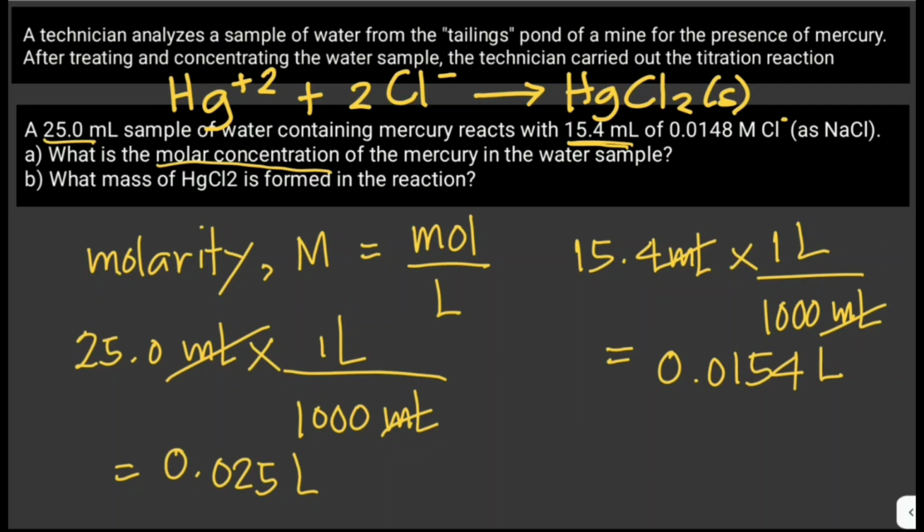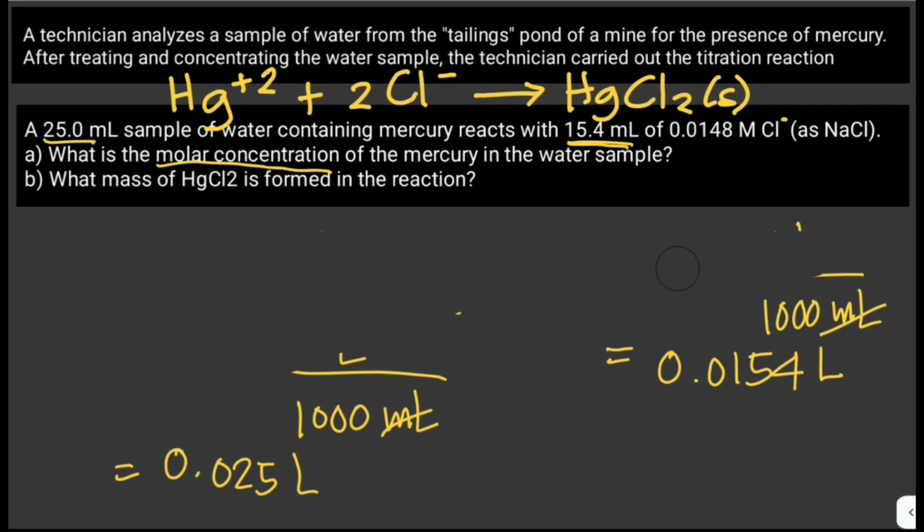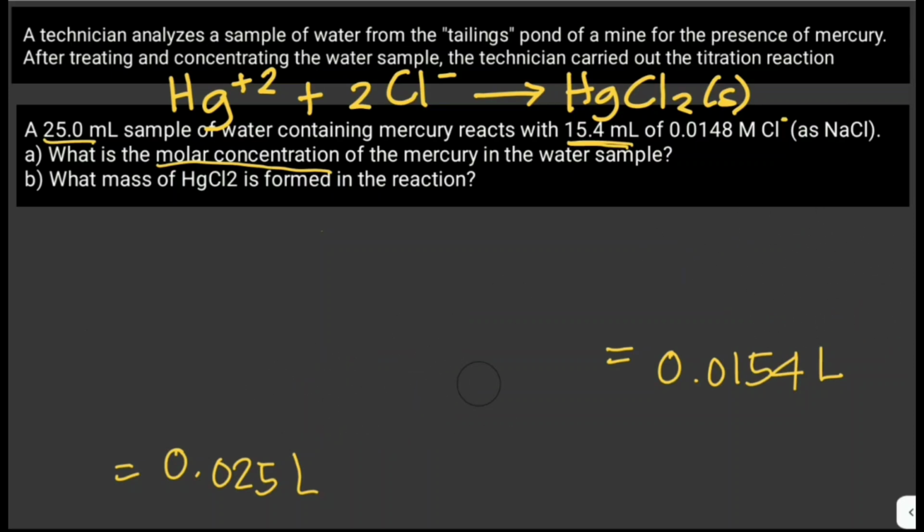Alright, now that we've already converted the volume into liter, we can now compute for the molar concentration of mercury in the water sample. The first thing we do is get the number of moles of chloride in the chloride solution, which is given as 0.0148 molar.